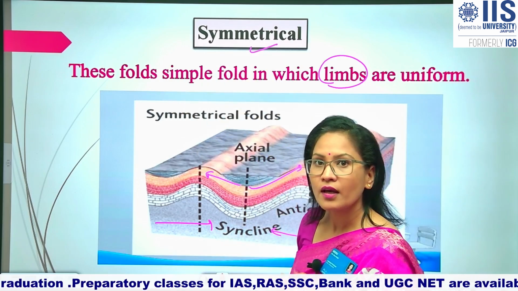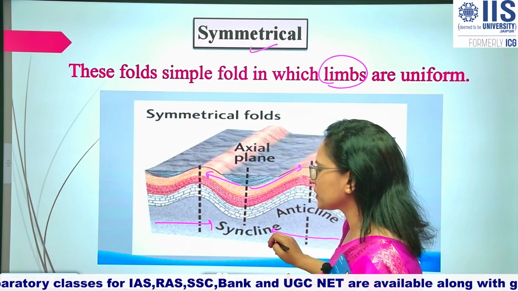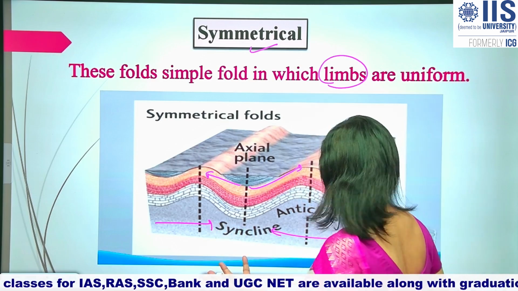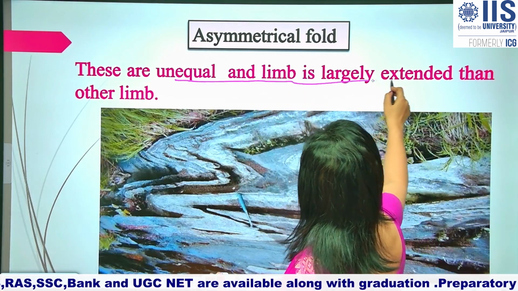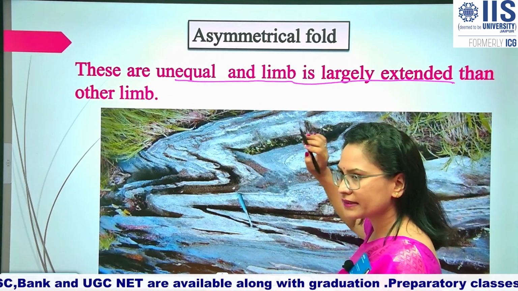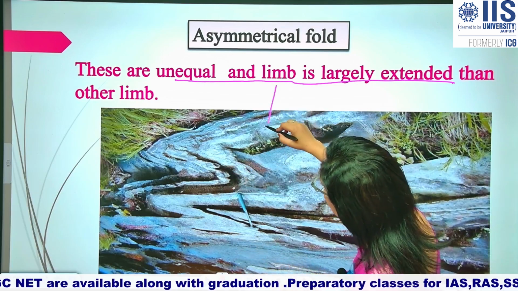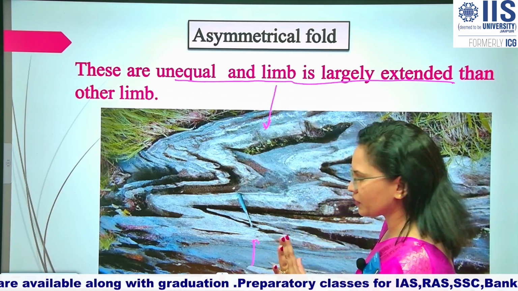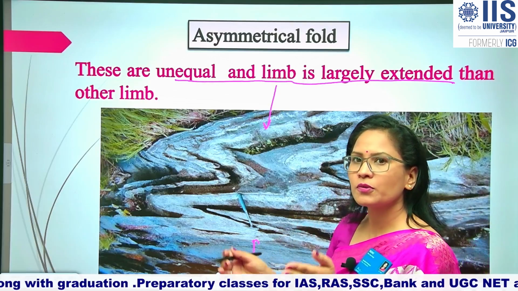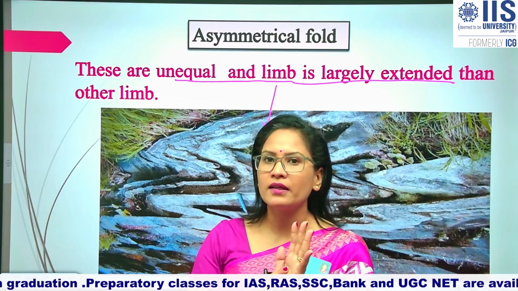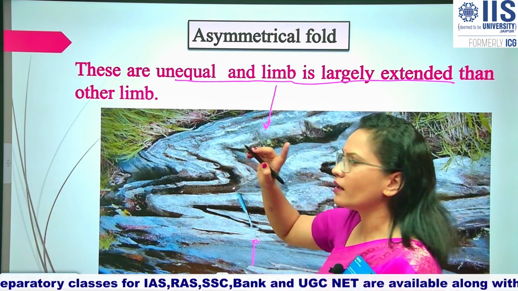Is it okay? But sometimes inside the earth, both forces are not similar. Then what will happen? Unequal limbs are largely extended. For example, by this picture you can understand, if the force is coming from this direction, right? Horizontal compressive force occurs from both directions, but the force is unequal, then the limbs will be unequal.